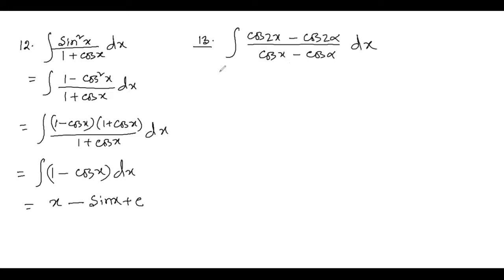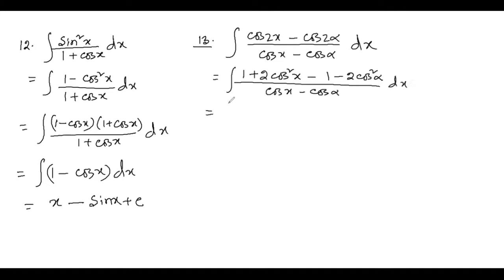Question number 13. So how do we solve this one? We will write cos 2x as 2 cos square x minus 1, and cos 2 alpha as 2 cos square alpha minus 1, over cos x minus cos alpha dx. Now here the 1 minus 1 is 0, so remaining is 2 cos square x minus cos square alpha by cos x minus cos alpha into dx.